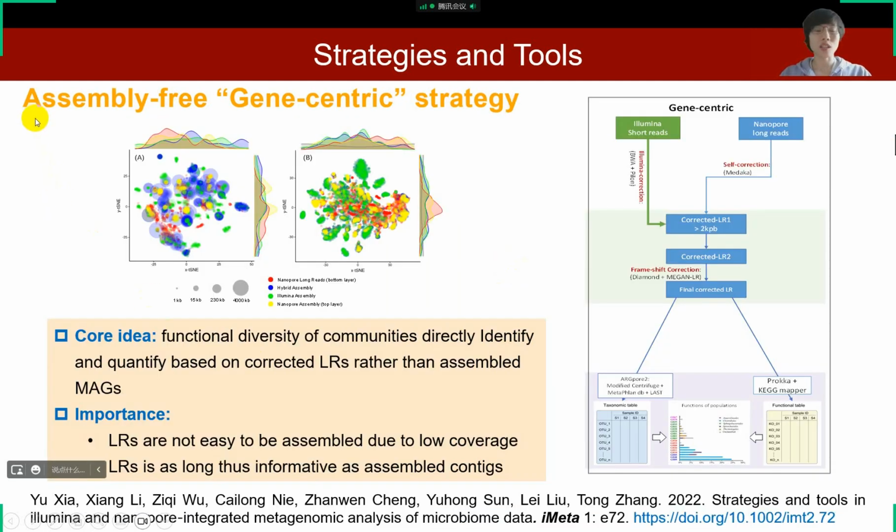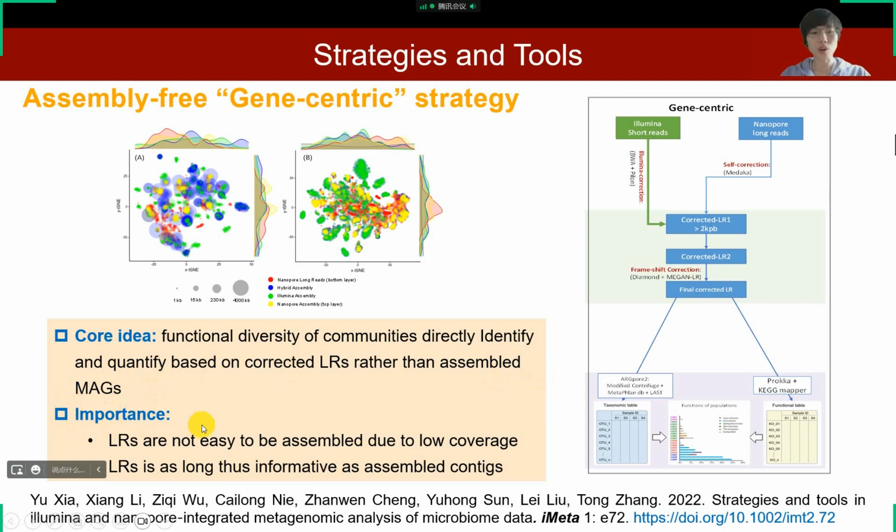An alternative strategy is called the assembly-free gene-centric strategy. The core idea here is to study the community functional diversity directly based on the polished nanopore long reads rather than the assembled contigs.